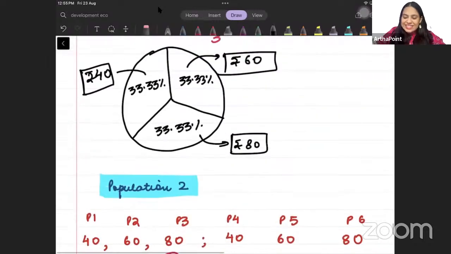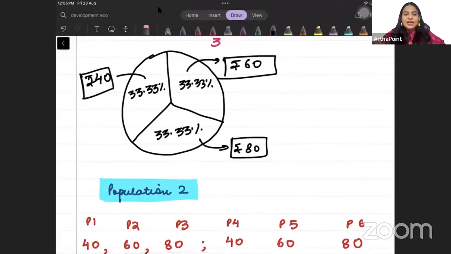So I will get exactly the same graph. Money in terms of percentage, कोई फर्क ही नहीं पड़ा. पहले भी 1/3 of the population was earning 40 rupees. अभी भी 1/3 is earning 40. पहले भी 1/3 of the population was earning 60. अभी भी 1/3 is earning 60. Right? So in terms of the graph, nothing has changed.